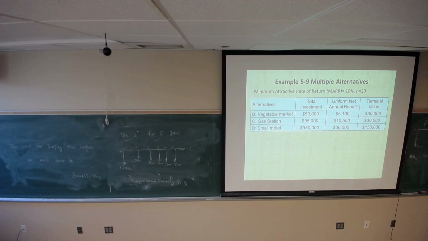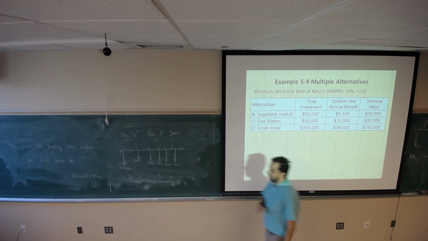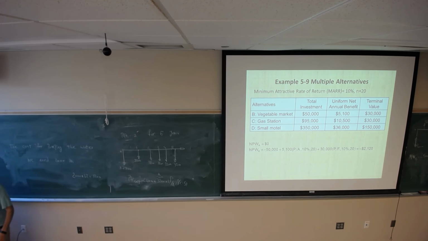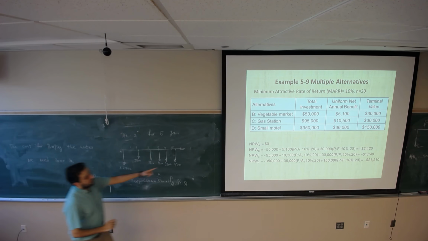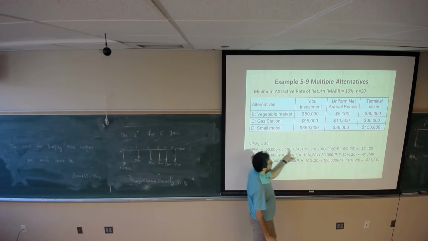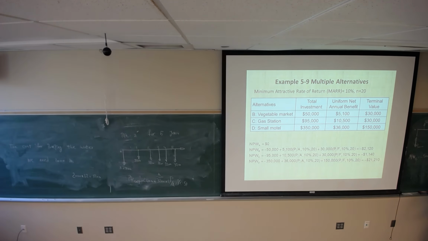You are looking for P when A is given, interest rate is 10% and N is 20. If you do that for net present worth of B, I forgot this 30,000, plus 30,000 times P over F, sorry, F over P, 10% for 20 years. You will get negative value.